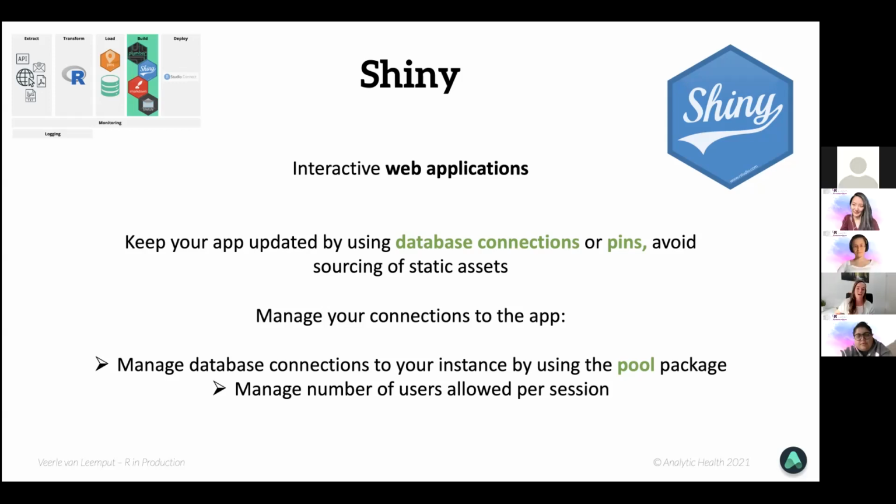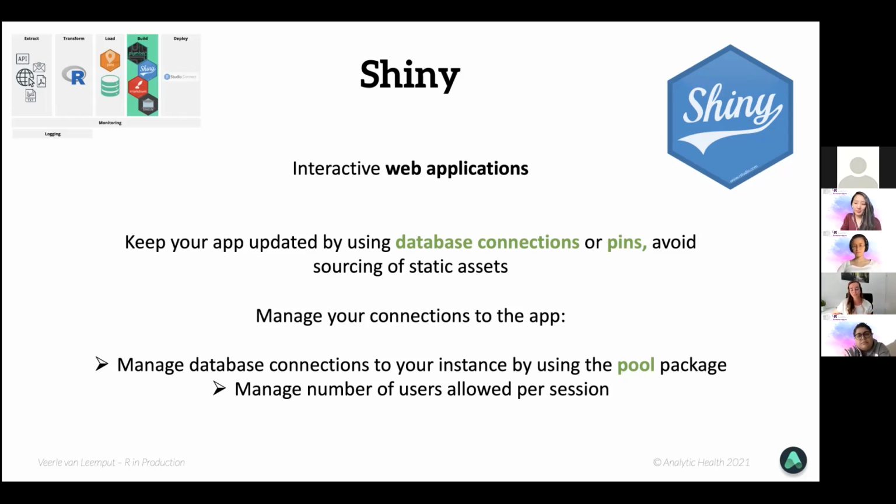So how do we keep these Shiny apps updated then? Well, that can be done by either database connections or the connections to these pins, as I mentioned. Because I think the key here is that you need to avoid sourcing static assets. So static CSV files, static Excel files, you name it. You see it happening a lot.